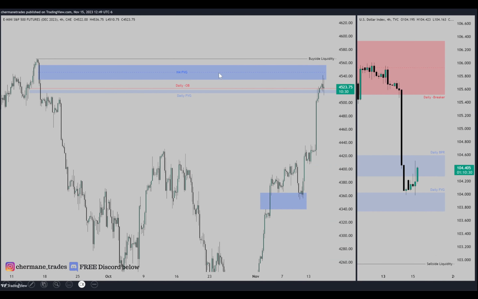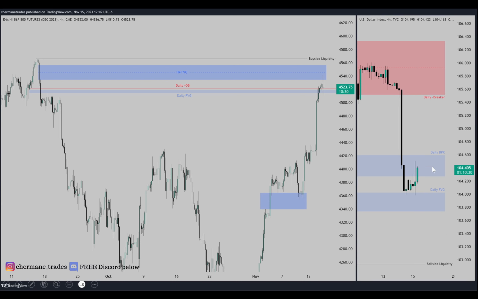Dollar index, that's the breaker from the daily time frame, dropped down into that lower fair value gap, and now we're hanging around in that balanced price range. Preferably, I would want to see this act as support, but we do have this large imbalance, so it's not unreasonable for price to draw up and reprice to some of this, but preferably for lower prices, at least until we get to the sell side. I prefer to see this act as resistance.